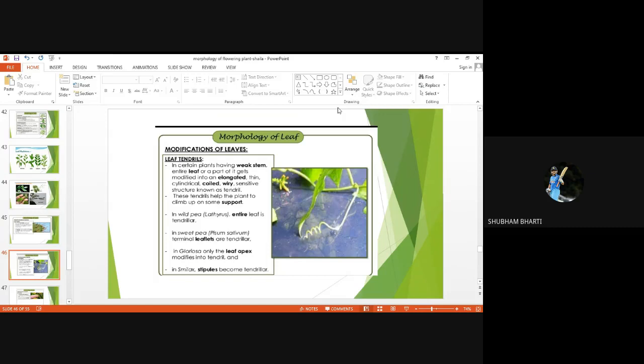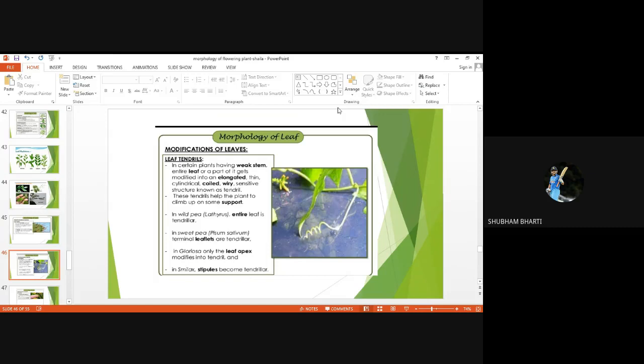So leaf tendril: in certain plants having a weak stem, the entire leaf or a part of it gets modified into an elongated, thin, cylindrical, coiled, wiry, sensitive structure known as tendril. Tendril हे कसं आहे, coiled आहे, wiry आहे, highly sensitive to touch structure, and this tendril helps the plant to climb up on the support.